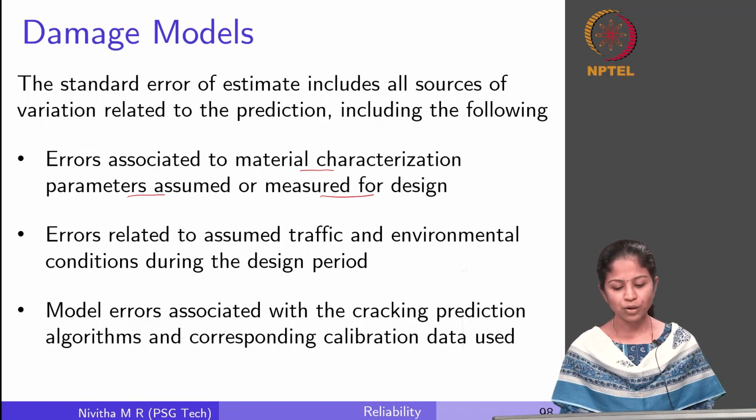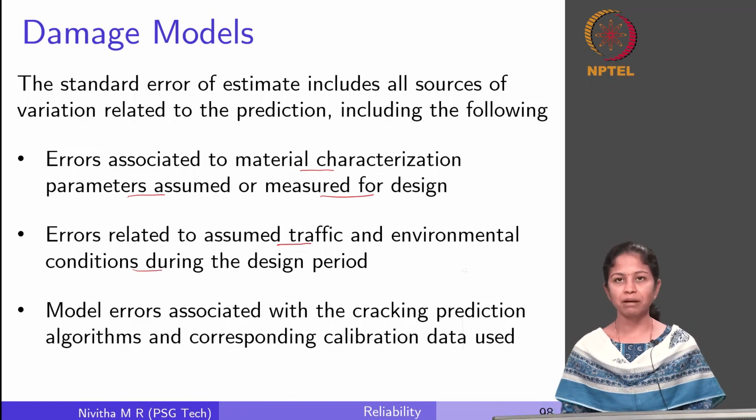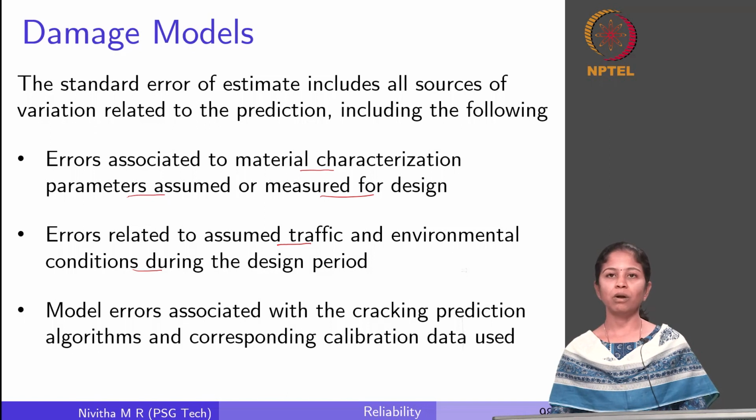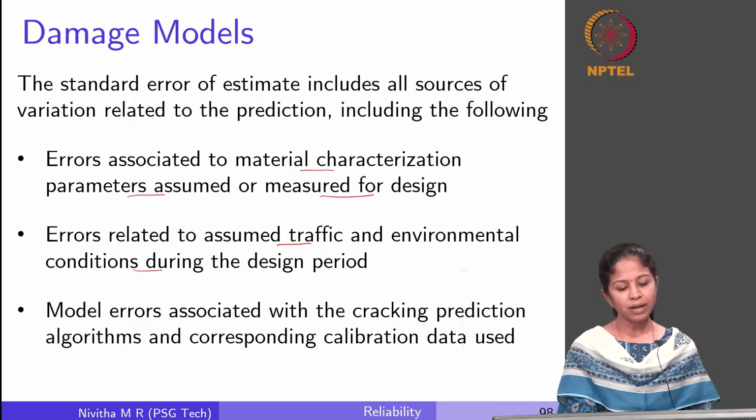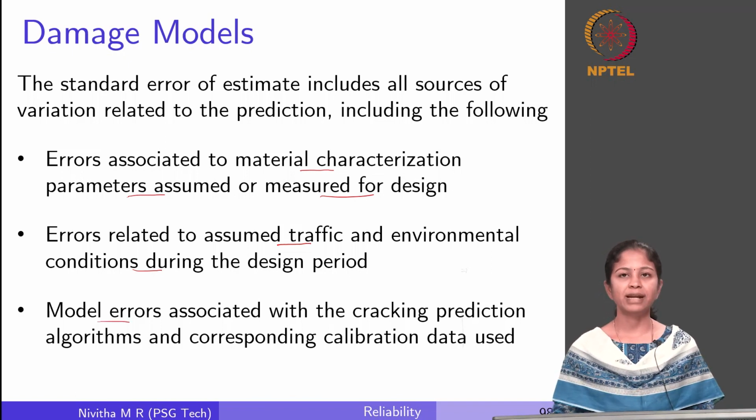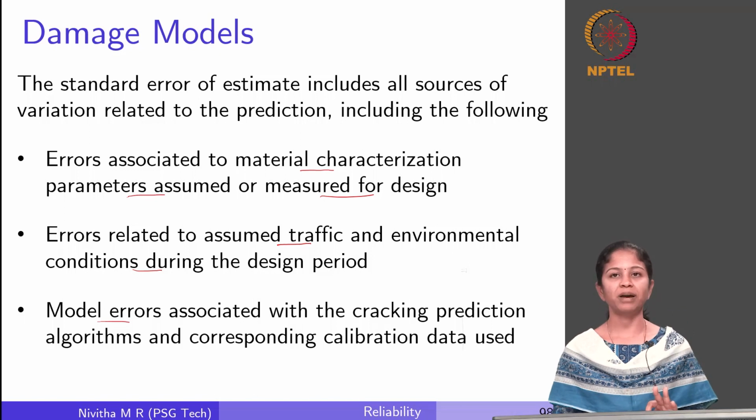Similarly, errors related to assumed traffic and environmental conditions during the design period. Again, this is going to take into account the difference between the assumed traffic and environmental conditions and that observed in the field. Similarly, the model errors associated with prediction. So, all these 3 factors, the standard error computed as shown here is going to take into account.